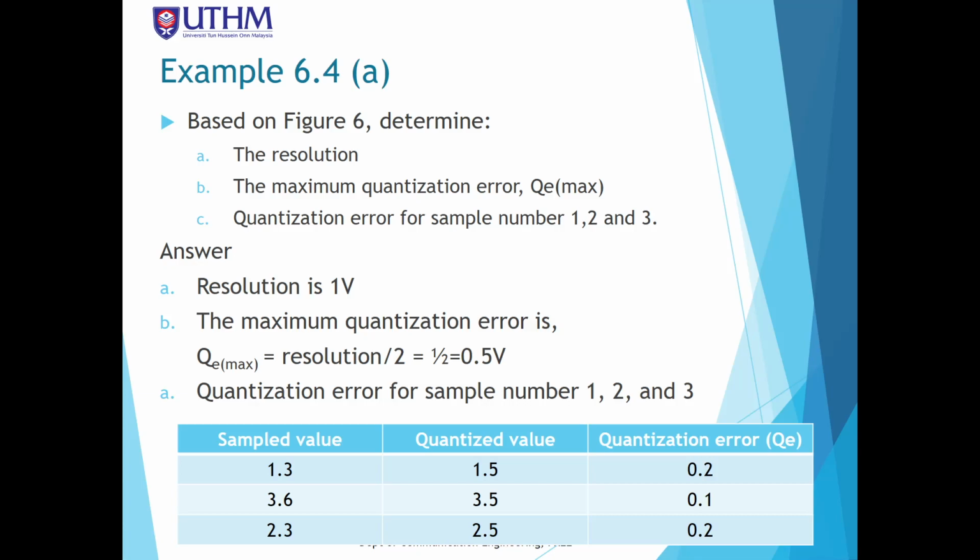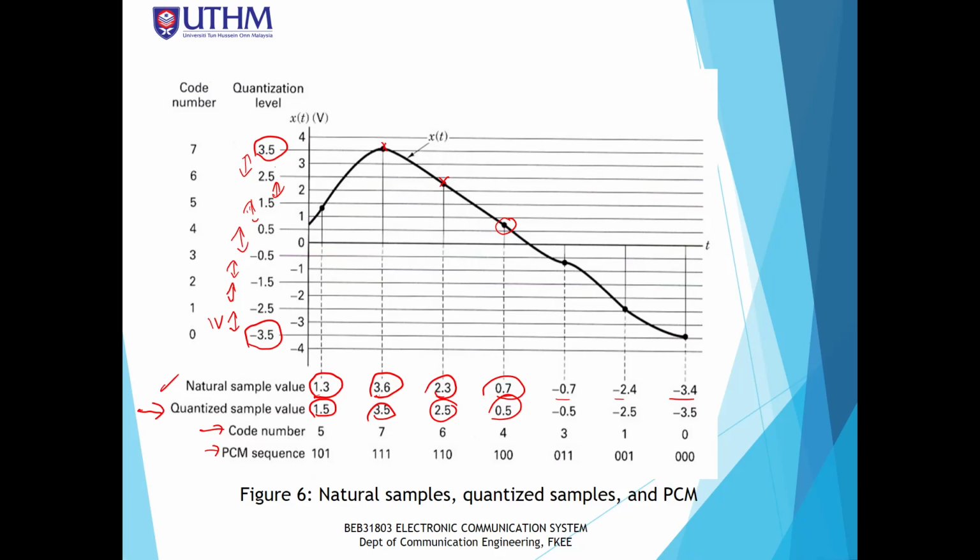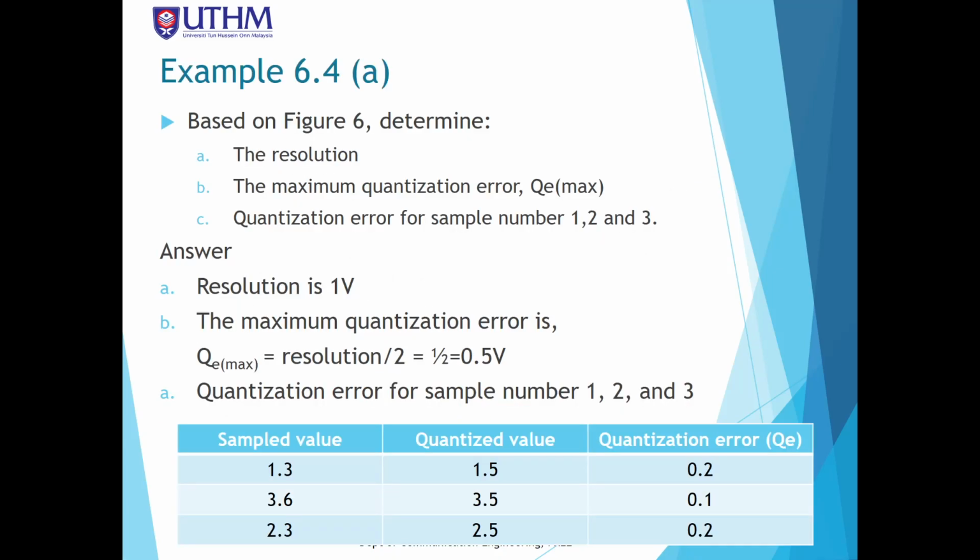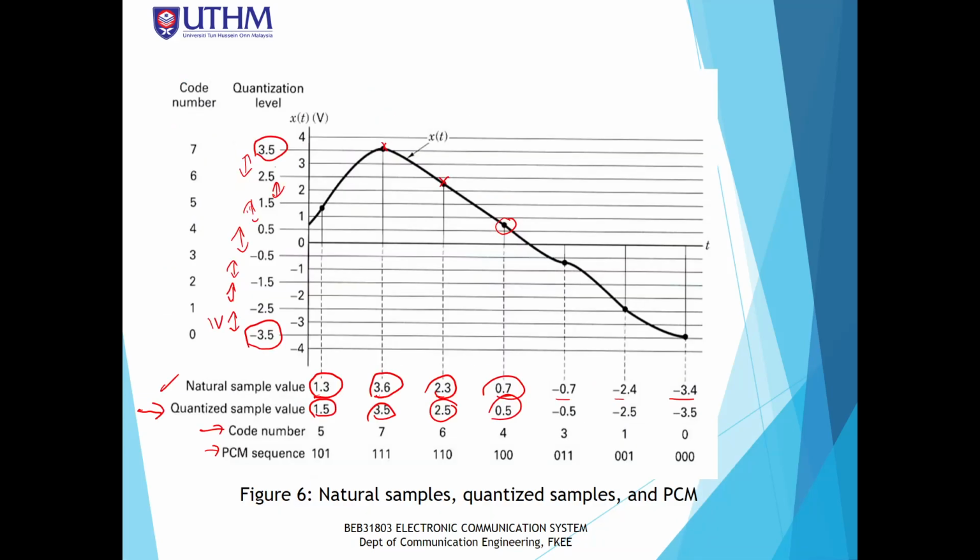Example. So this example is important. Your final exam will be something in this range of topics. So let's do the example here based on figure 6. Determine the resolution. From this example, we can straight away determine the resolution, the step size, which is the distance between 2 quantized levels.